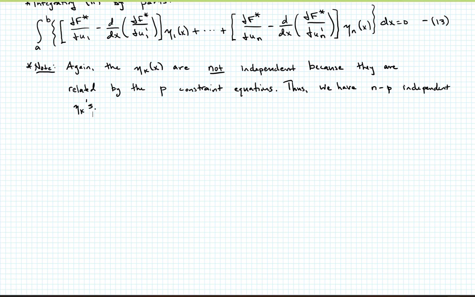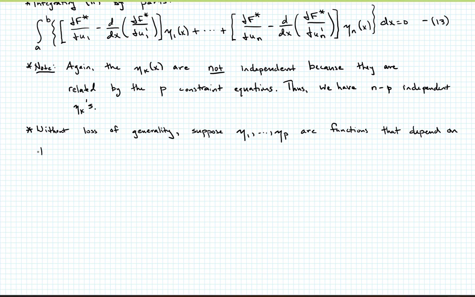So I'm going to arbitrarily define which of my etas are dependent. Without loss of generality, we're going to suppose that eta 1 up through eta p, so that's the same number of eta functions as I have constraint equations, are going to be functions that depend on the arbitrary functions eta p plus 1 up through eta n.